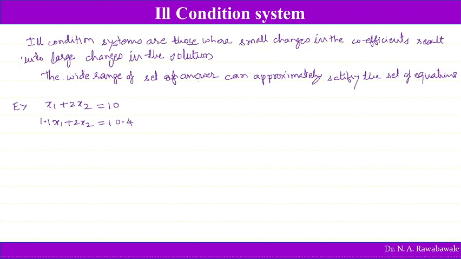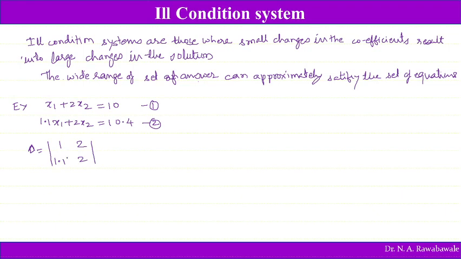So this is a set of two equations, equation number 1 and equation number 2. Now if we want to solve it by using Cramer's rule, we can have first determinant D, which is equal to coefficient of x1 is 1 and coefficient of x2 is 2, whereas coefficient of x1 in second equation is 1.1 and coefficient of x2 is 2.